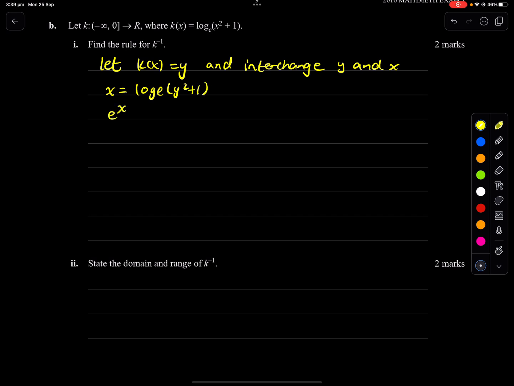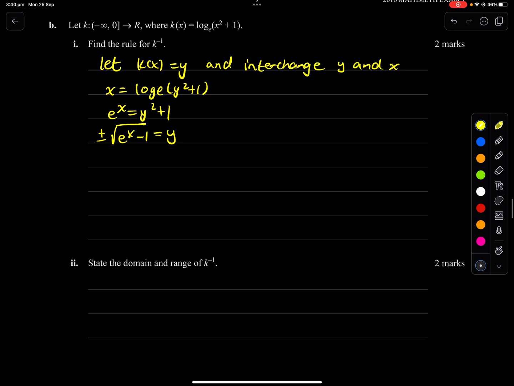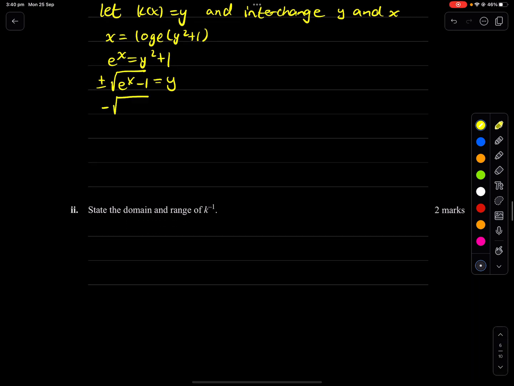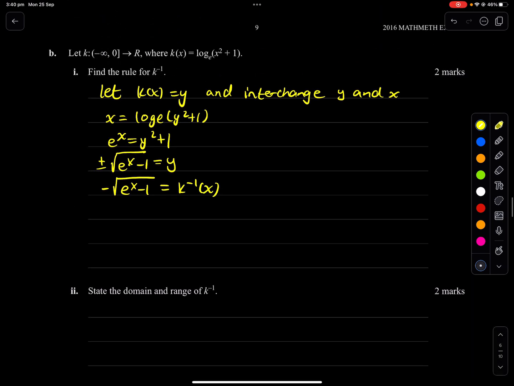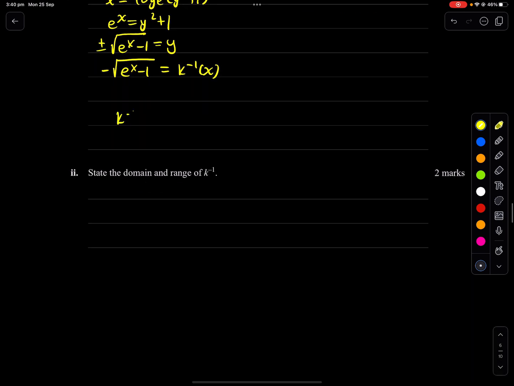So e to the x equals y squared plus 1, e to the x minus 1 equals y squared, so y equals plus or minus the square root. Now, because we know it's in the negative part, since the domain is negative infinity to 0, we just take the negative. So negative square root of e to the x minus 1 is our inverse, k inverse of x. That's your rule.